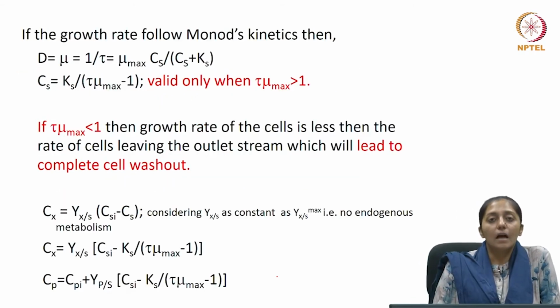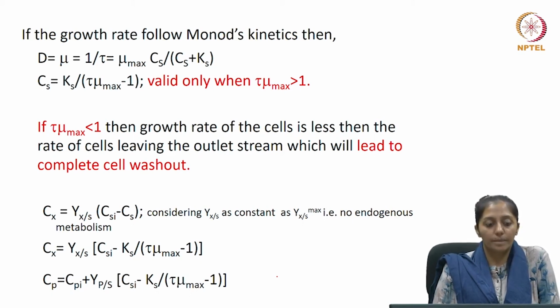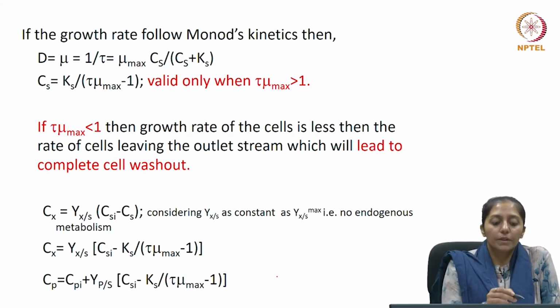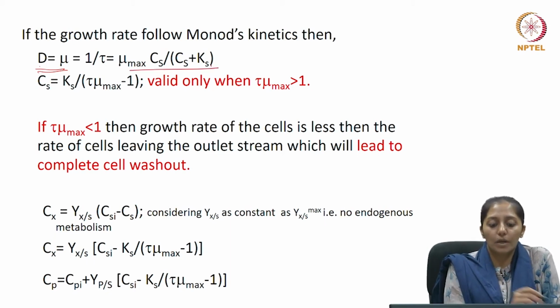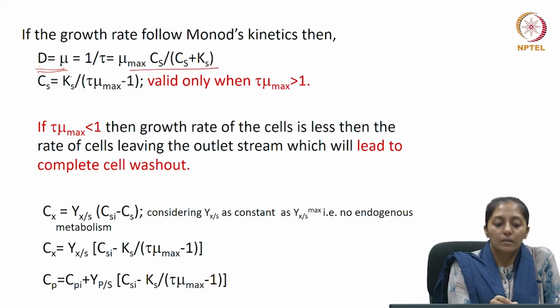Let us see how to calculate the steady state substrate concentration. Now, we have understood how the growth rate is related to the dilution rate. Let us see how we can find the steady state substrate concentration, or the product concentration, and the corresponding productivity of biomass and product. We know at steady state D equals mu. If this culture follows Monod's model, substitute Monod's model and rearrange.